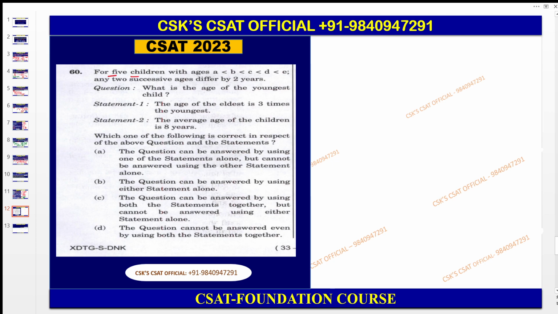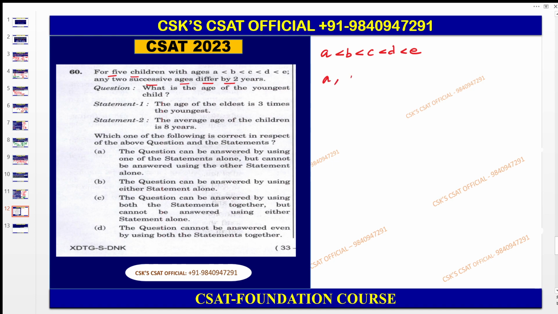The 5 children with ages A is lesser than B, lesser than C, lesser than D, lesser than E. For the 5 children's ages, any 2 successive ages differ by 2. You can form a sequence here.